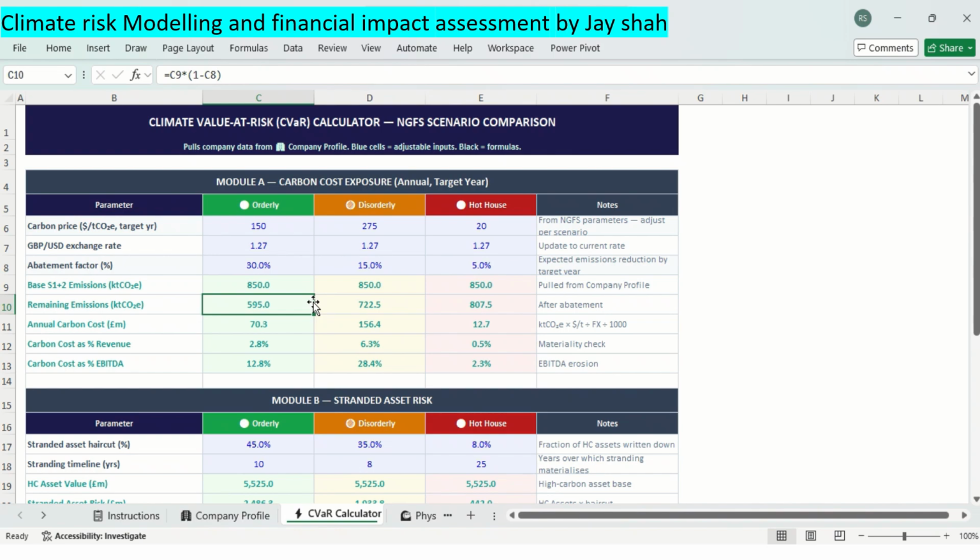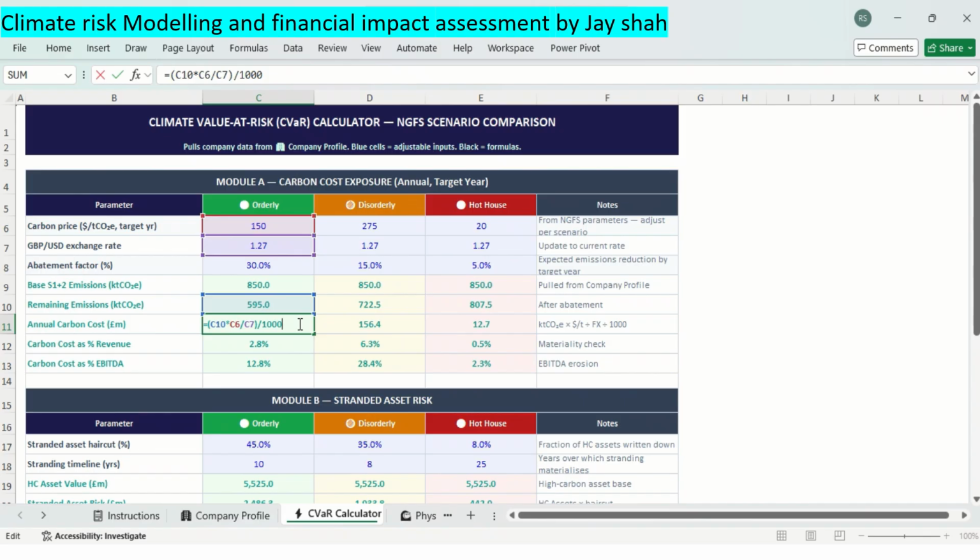Cell 11, whose result is 70.3, is the annual carbon cost. The formula is the remaining emissions multiplied by the carbon price, divided by the exchange rate, and I will unpack this step because it is very important to understand what the annual carbon cost looks like. Basically the carbon price is multiplied by the exchange rate; you can definitely divide by your exchange rate as well.